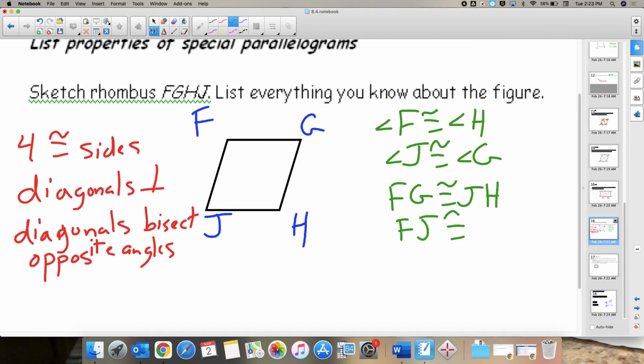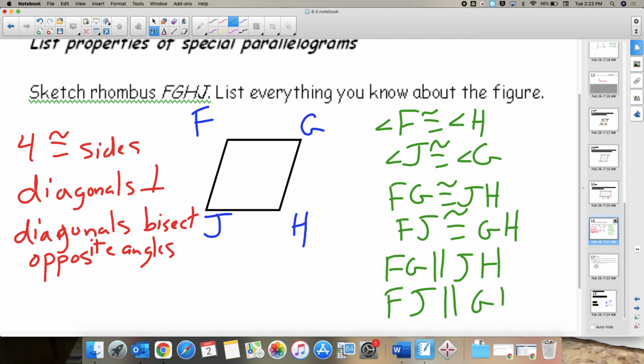FJ is congruent to GH. We can talk about the opposite sides being parallel. FG is parallel to JH. FJ is parallel to GH. We can talk about the consecutive angles being supplementary. Angle F plus angle G equals 180. There's a lot of different things we can write down. We'll stop right there.